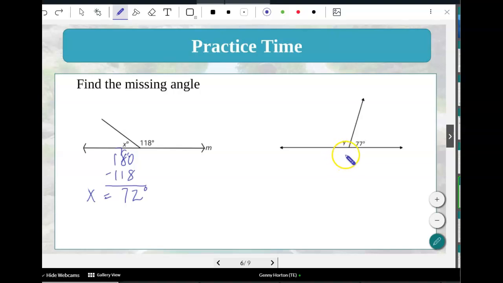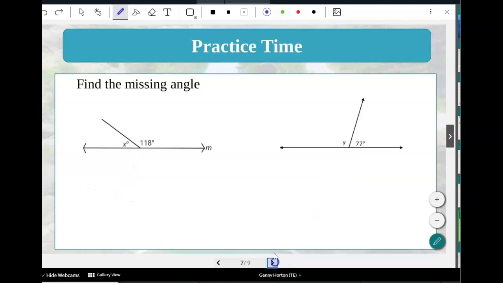All right, the second one over here, we have angle y that we're looking for, and the other one is 77. So you're going to do 180 minus 77. And do your math again. And you get 103. All right, so that's going to be y is equal to 103 degrees.